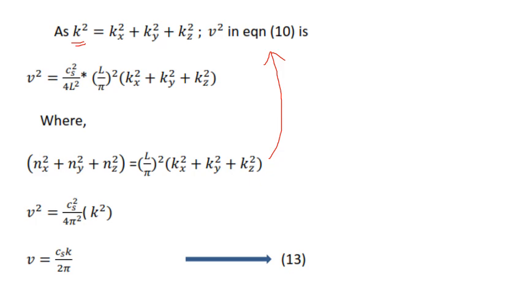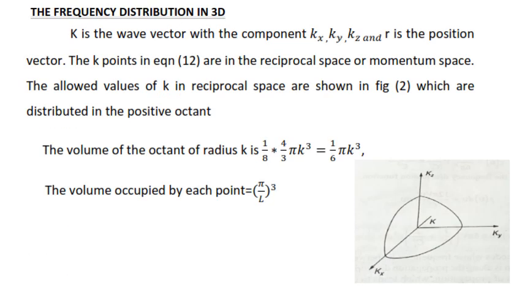So this is the frequency of the modes in a three-dimensional space. In a three-dimensional space, the frequency will be cs k divided by 2 pi.